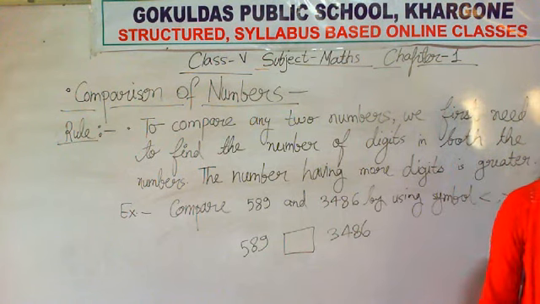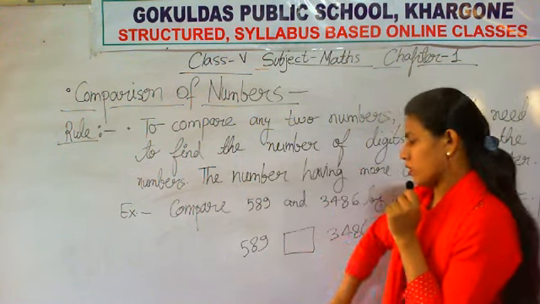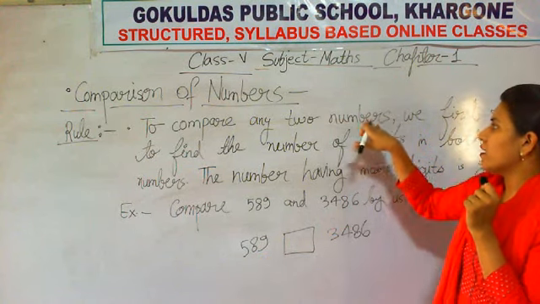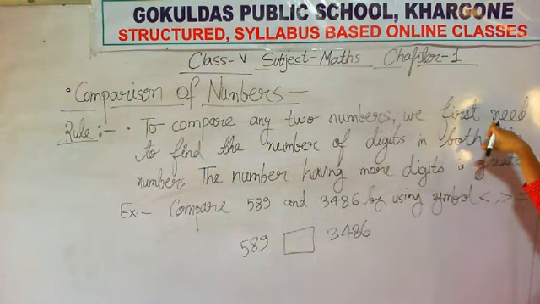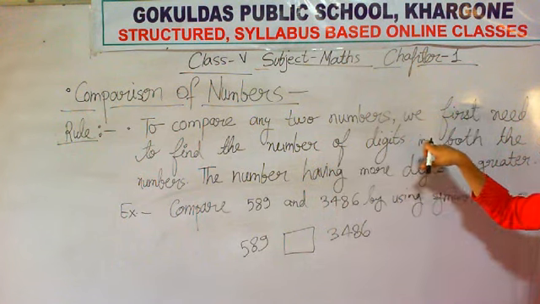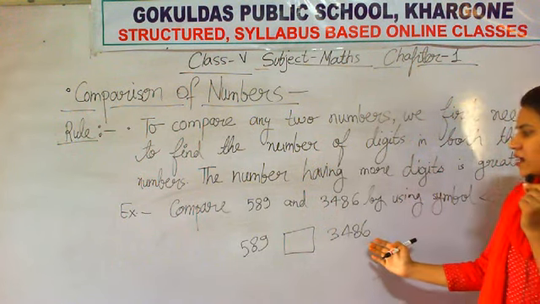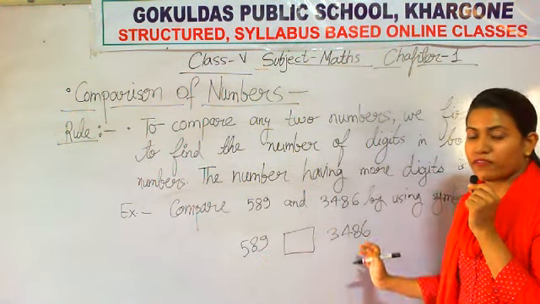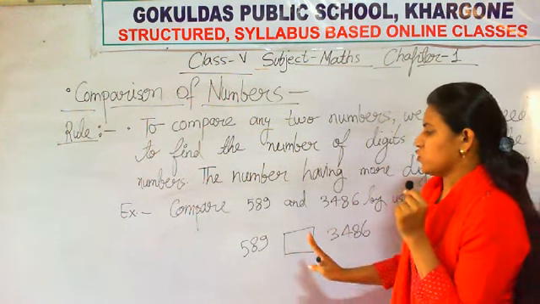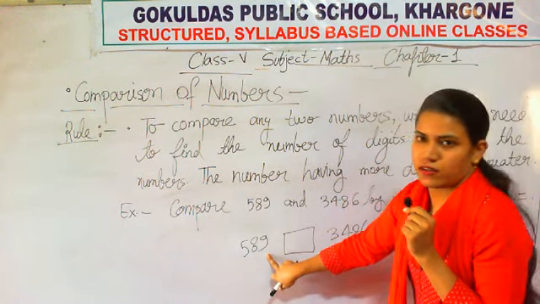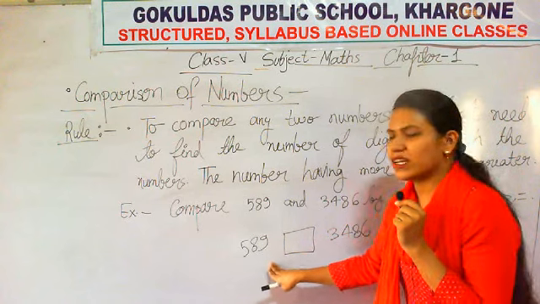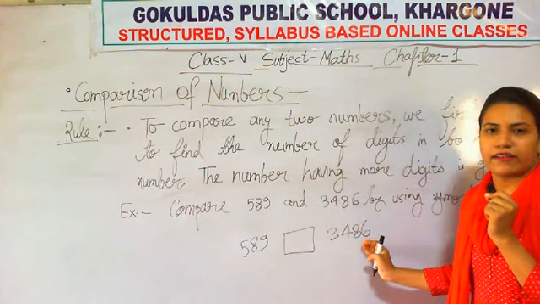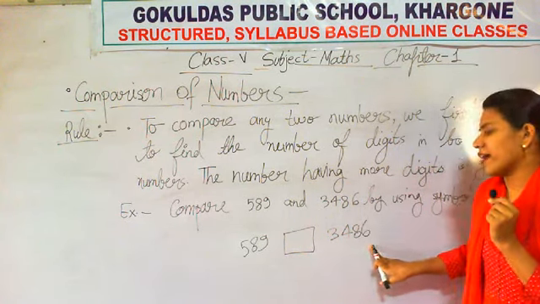Now go to the rule. To compare any two numbers, we first need to find the number of digits. You will count the number of digits in both the numbers. Start counting: 1, 2 and 3. Here at the left side there are 3 digits, and at the right side there are 4 digits.